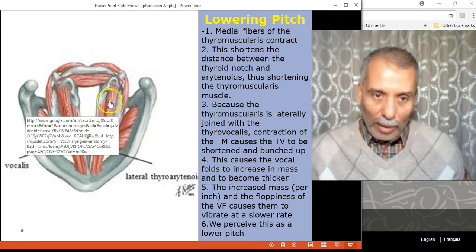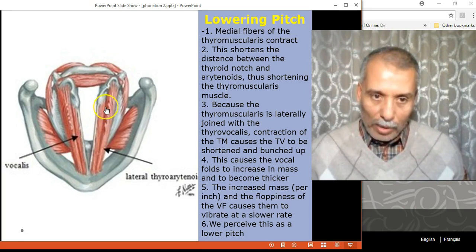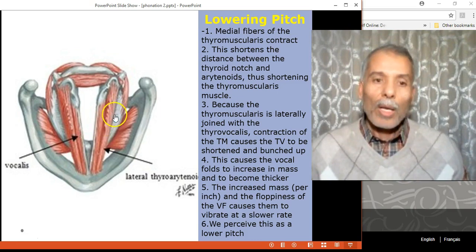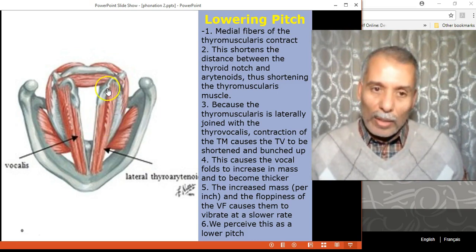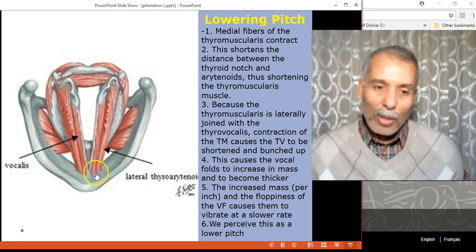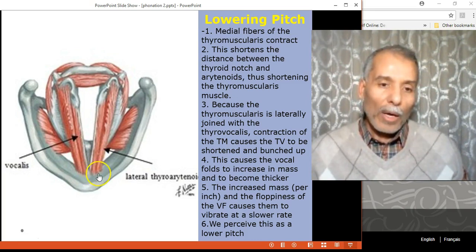The medial fibers, the middle fibers of this muscle, thyromuscularis, contract. And that is going to shorten the distance between the arytenoid and the anterior segment of the thyroid cartilage.